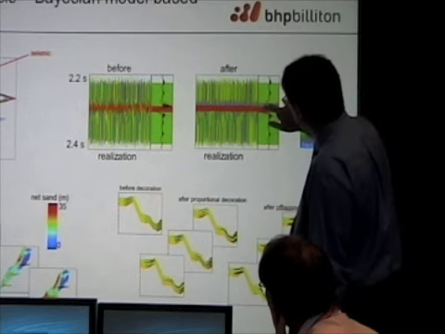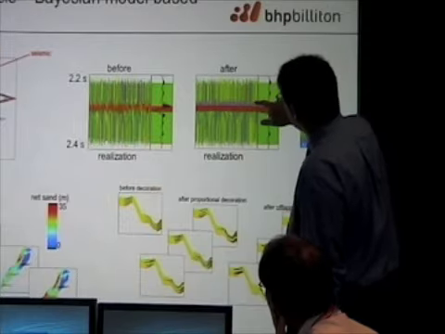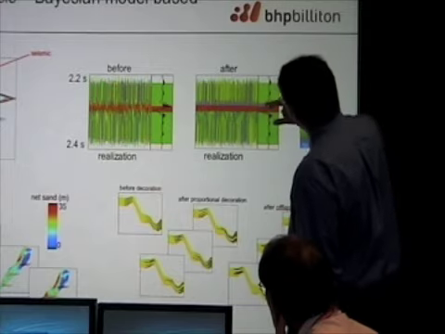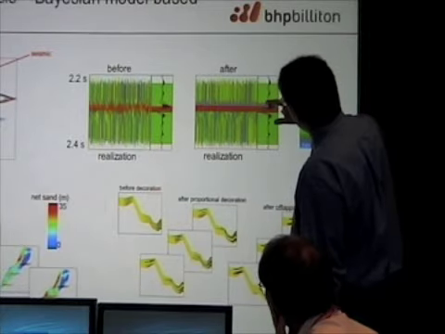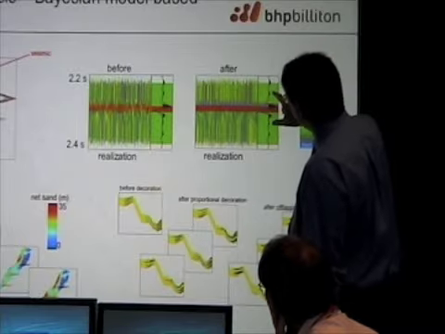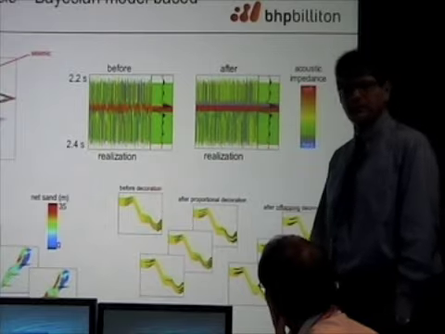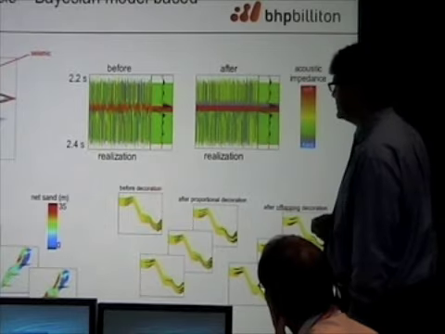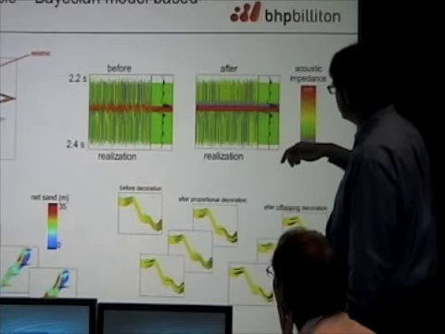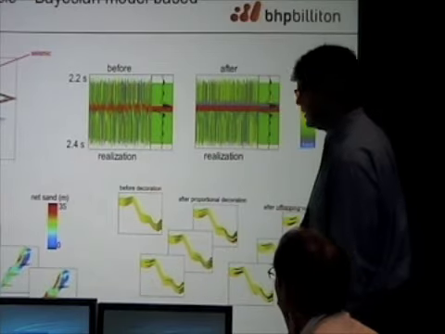It also picked up the fact that it's not really certain where the top is. It feels iffy on whether it's here or here, but eventually it does return to the same value that is below the reservoir in this case. So it's picked up this more complicated model, and you end up having the uncertainty associated with it.